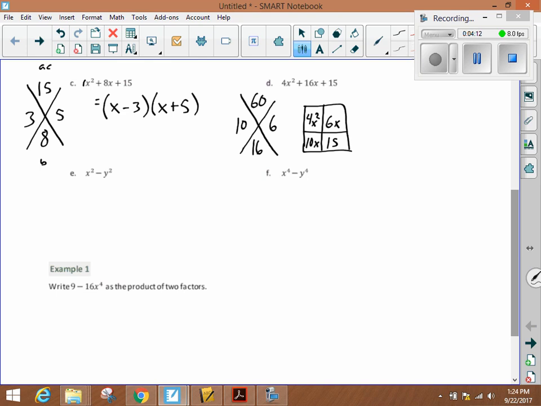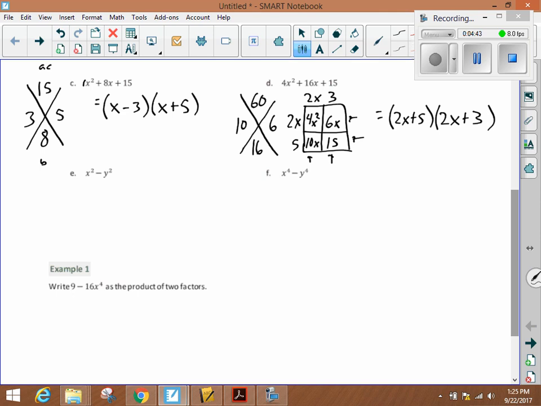Greatest common factor of 4x squared and 10x is going to be 2x. The greatest common factor of 6x and 15 is going to be 3. The greatest common factor of 4x and 6x is going to be 2x. The greatest common factor of 10 and 15 will be 5. So that means that this thing factors and becomes 2x plus 5 times 2x plus 3.